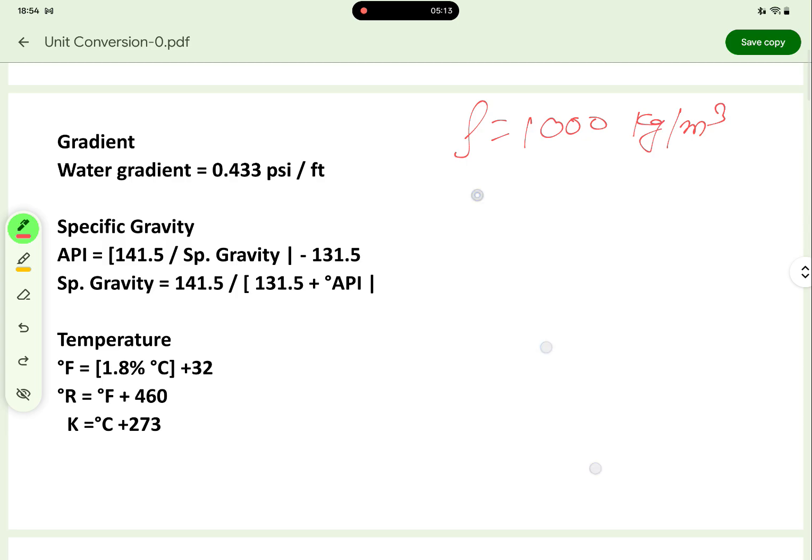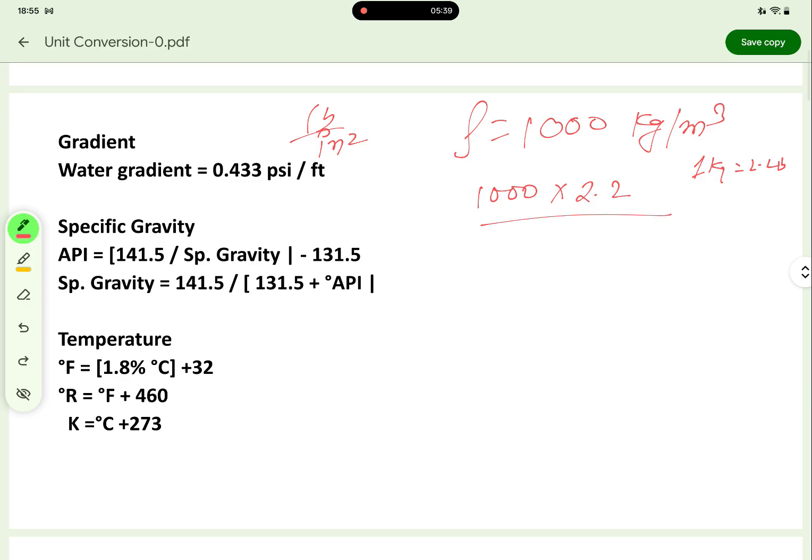First we need to change the kg into pounds, because psi is nothing but lb per inch square, right? So 1000 multiplied by 2.2, because we know that 1 kg is equal to 2.2 lb. And now there is a meter cube, so I have to convert into feet first.